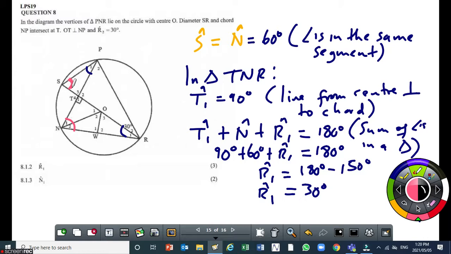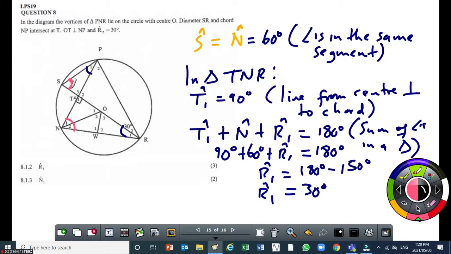What if you can just see what the angle is? Okay, you must tell us why you are saying that R1 is 30. No, I'm saying in this scenario you can see it. Okay, listen, how are you saying that it's 30? Tell us why you're saying it's 30.